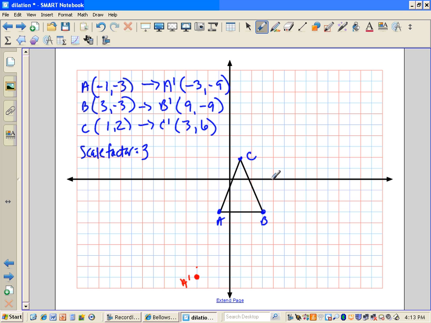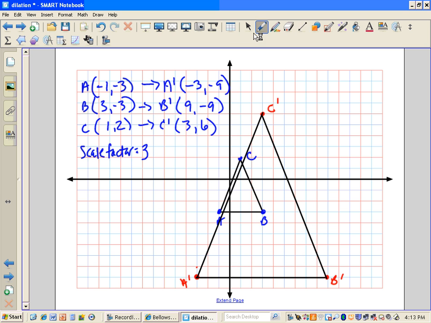My new B is 9, -9. B prime. And my new C is 3, 6. C prime. So I'm going to get a line and I'm going to connect the dots. And you can see that obviously the triangle is much bigger.